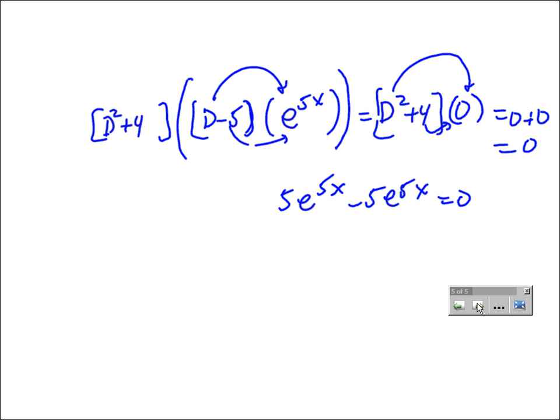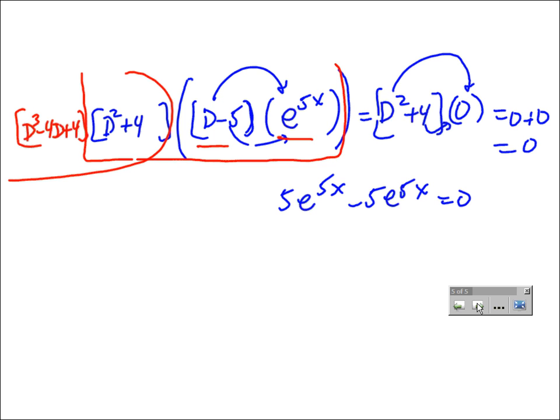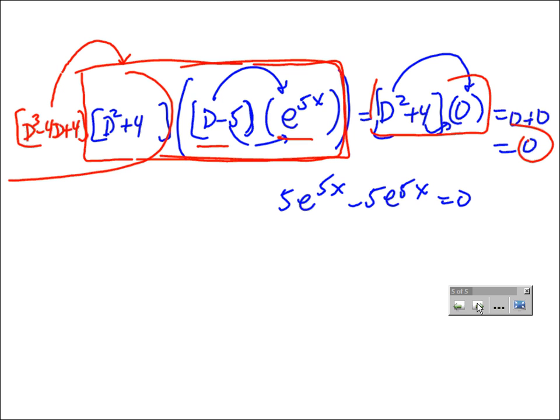Once you annihilate something, anything you do out here won't matter. If I took the third derivative and took away 4 times the derivative and added 4, it wouldn't do anything, because we just said that this mess was 0. Now you're doing a linear operator on 0. What's in this big red box is 0.